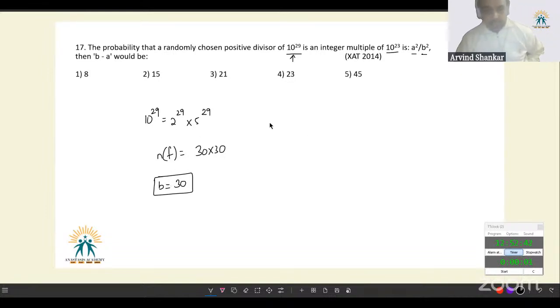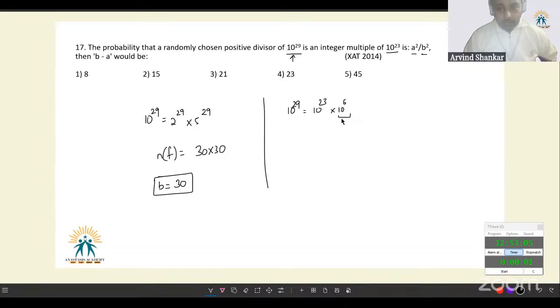The second part is a little more tricky. If you're looking for a factor of 10 raised to the power 29 that is a multiple of 10 raised to the power 23, I can write 10 raised to the power 29 as 10 raised to the power 23 into 10 raised to the power 6. So any factor of 10 raised to the power 6 multiplied with 10 raised to the power 23 will also be a factor of 10 raised to the power 29.